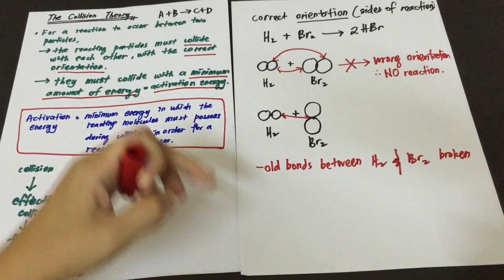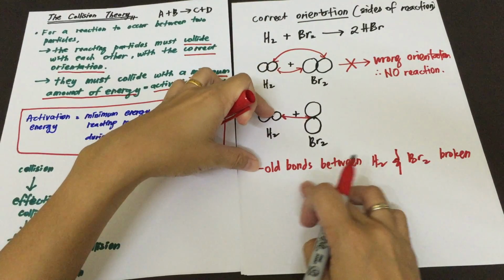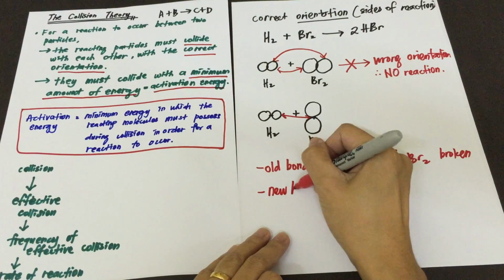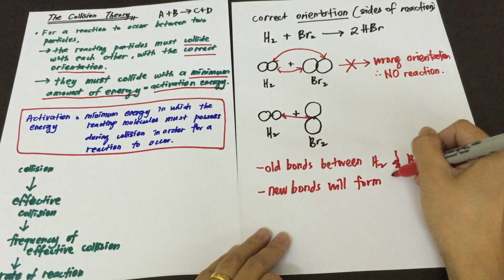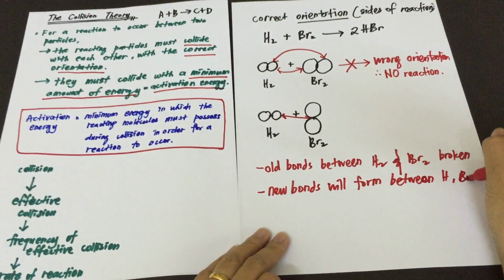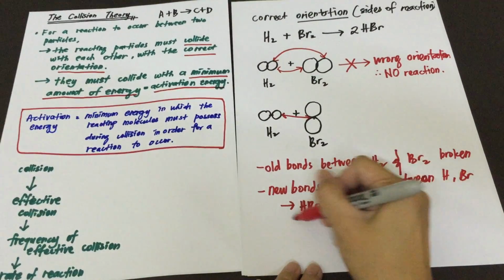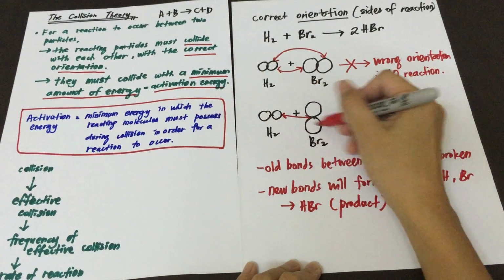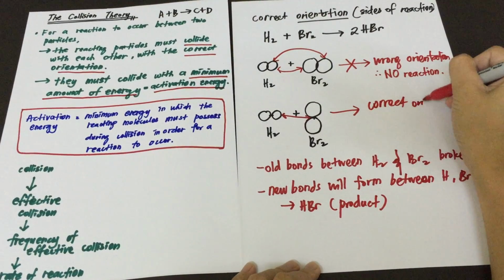During the collision, if they collide at the correct orientation, at the bonds, then the old bonds will be broken. And when the old bonds are broken, definitely new bonds will form between hydrogen and bromine to form the hydrogen bromide molecule. So this is the product. Because of this, we call this the correct orientation.